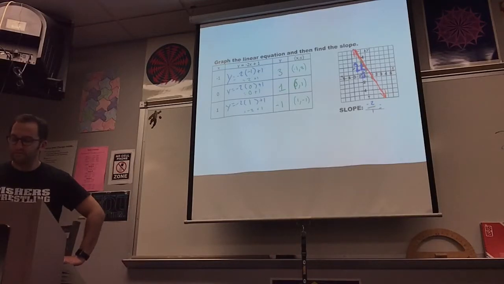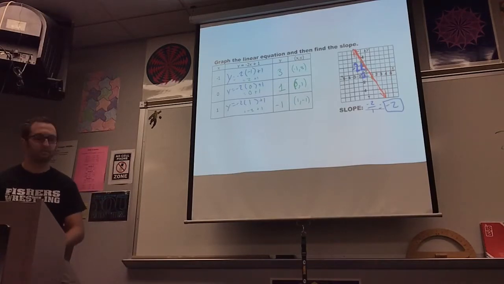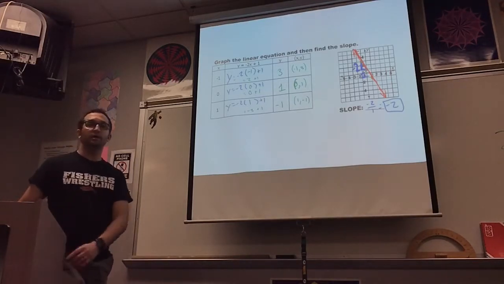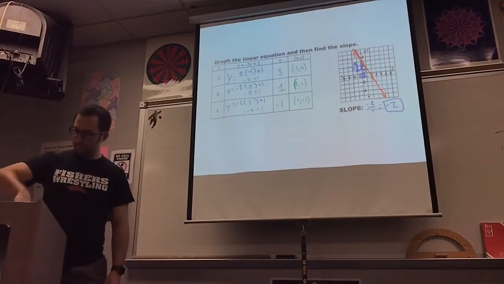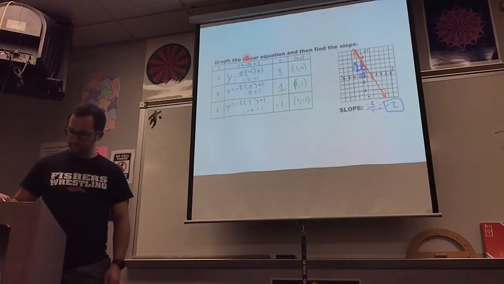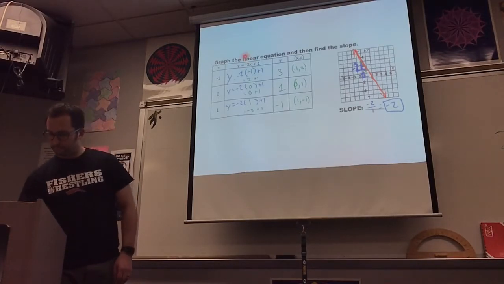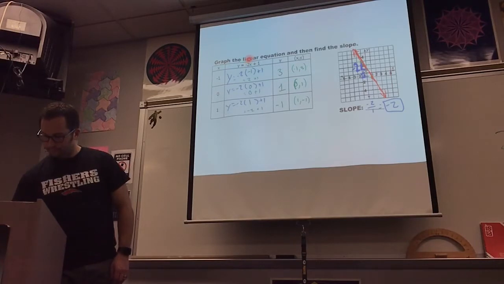Giving me a slope of negative 2. For those of you who are a little more advanced, I'm going to just give you a little hint here. There's my hint.